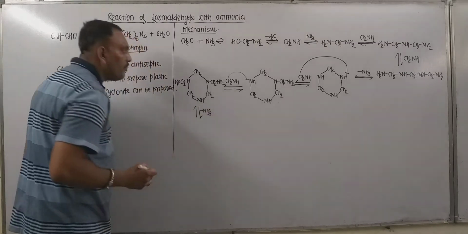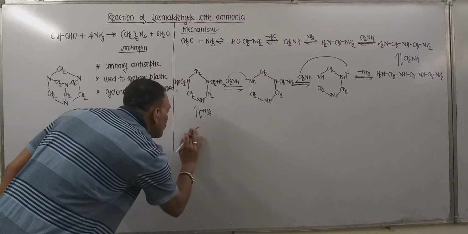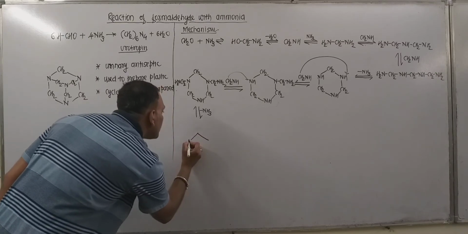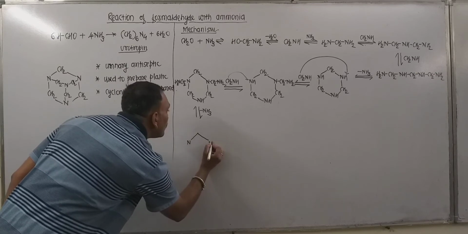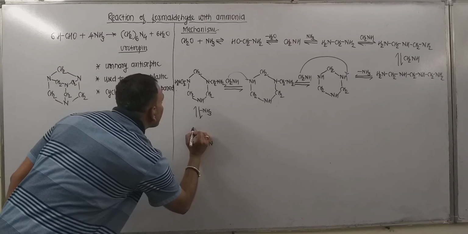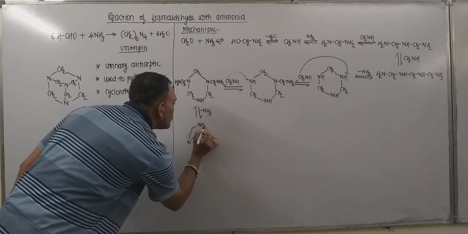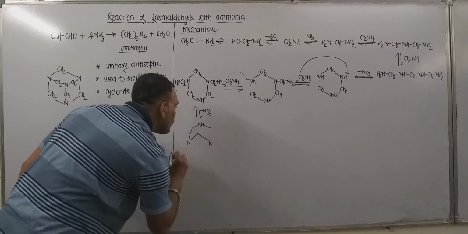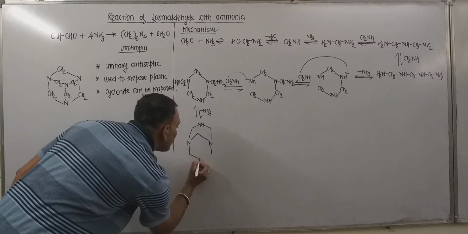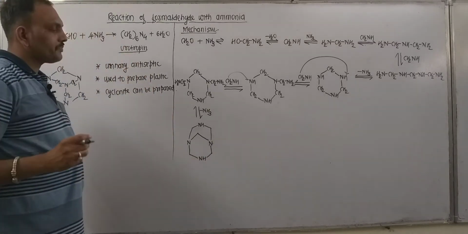So the departure of ammonia takes place, which leads to the formation of a product which can be shown as, now remember, like this NH, so one can show this in this fashion.